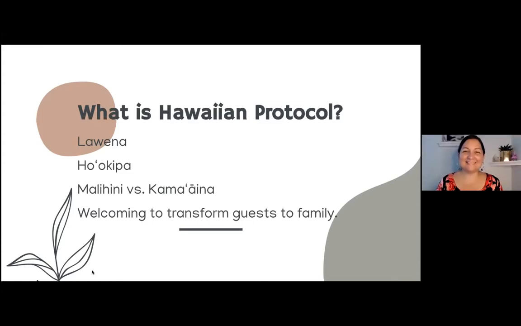Even if you just finished eating and you come to the house and they say, come, we're eating, come sit down and eat. You sit and you have something, because that's your half of the reciprocation that happens when you hoʻokipa. We don't go, oh, no, I ate already.